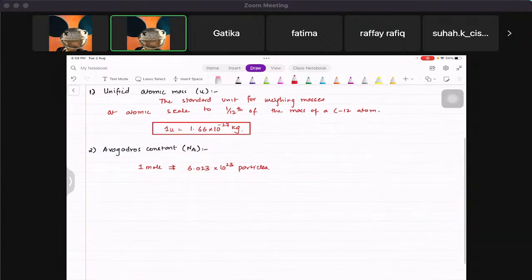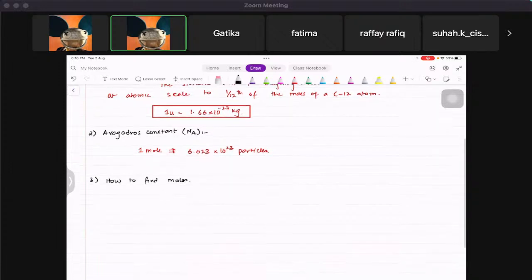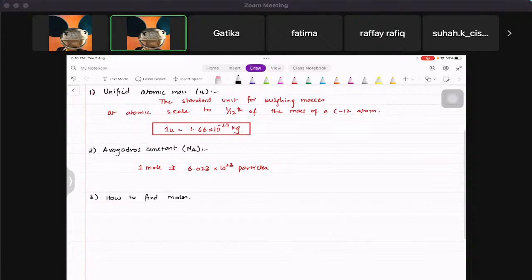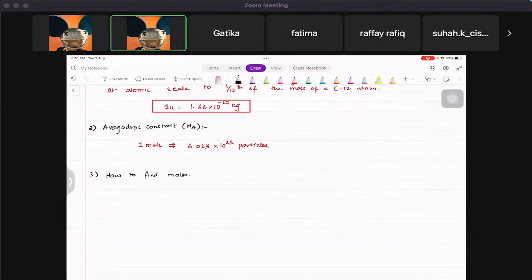Now, the third thing you guys should know is how to find moles. There are two basic formulas that we're going to use. Number one is that the number of moles, given by n, is N over Na.